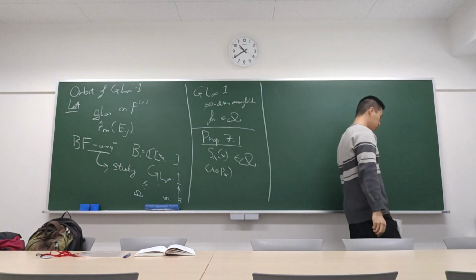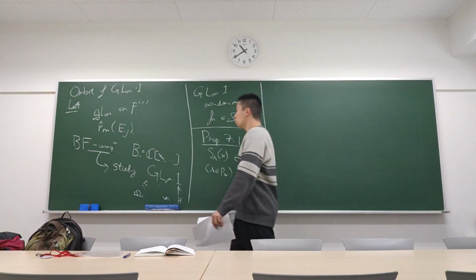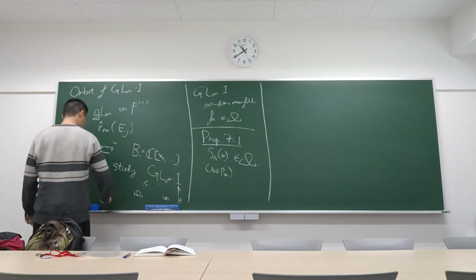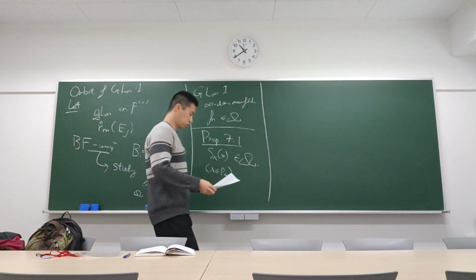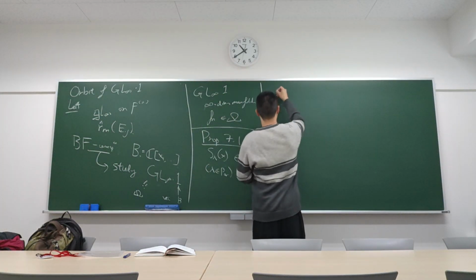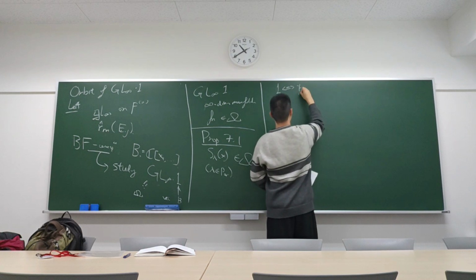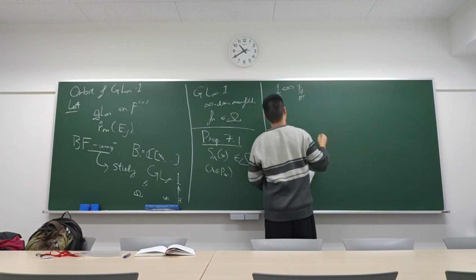And let us prove it. By the boson-fermion correspondence, this 1 in B corresponds to this psi naught vacuum vector in F naught space.